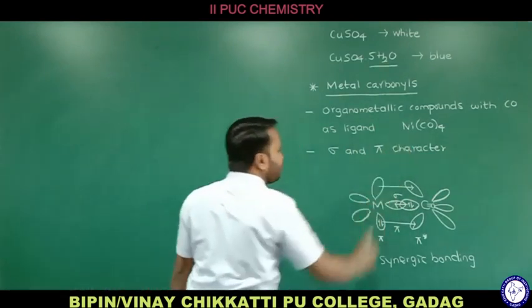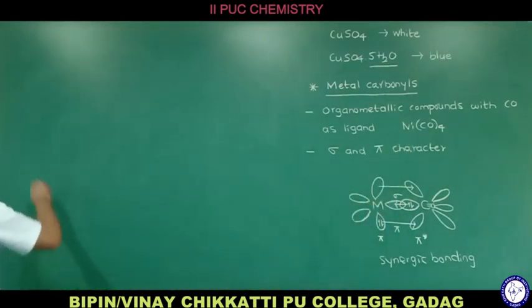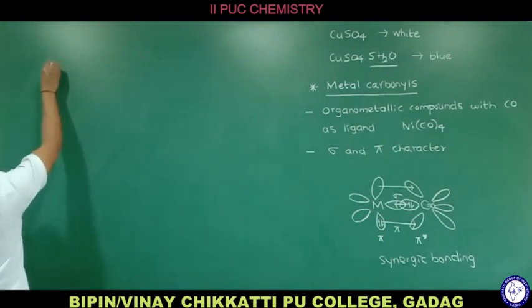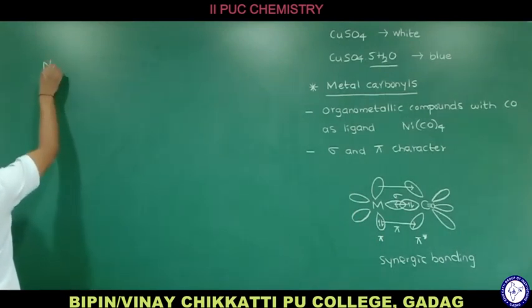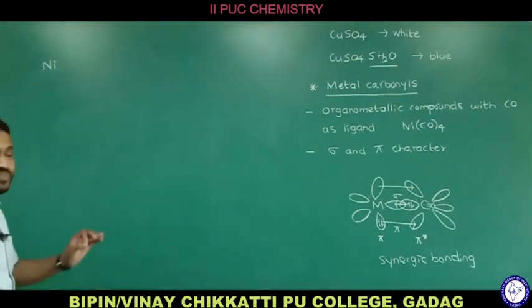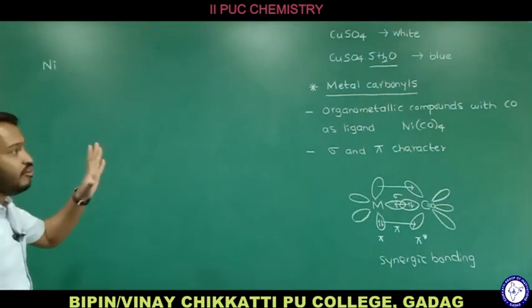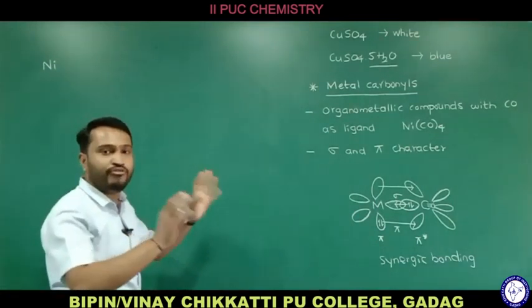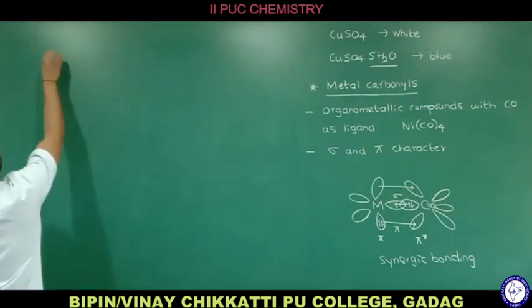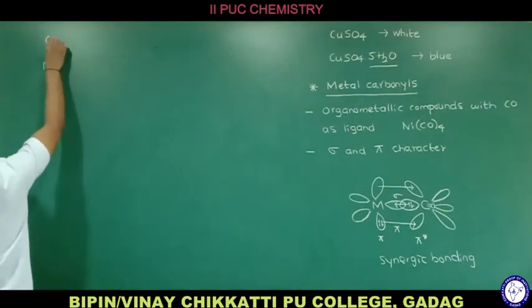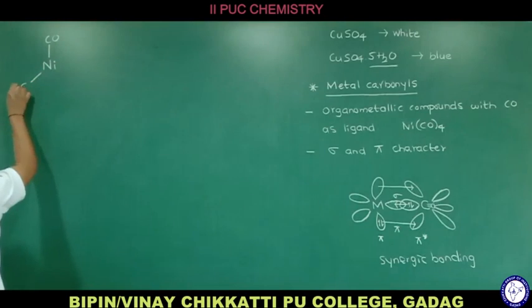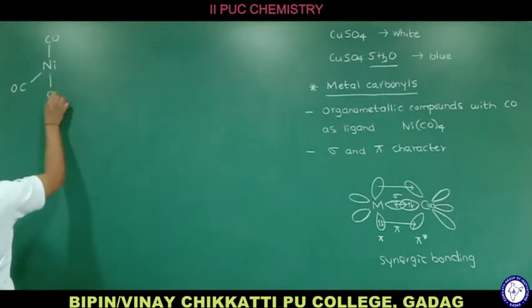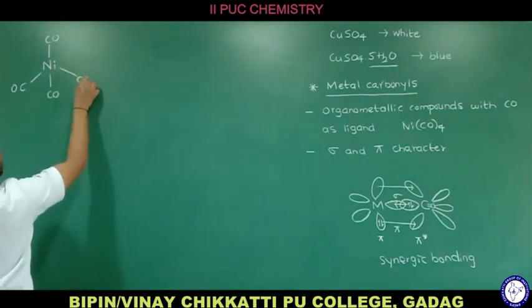One simple example I have written is tetracarbonyl nickel. We'll see how the structure of tetracarbonyl nickel is. Nickel is the central metal atom surrounded by ligands, and the coordination number is 4. Therefore the carbon monoxide or carbonyl groups are situated at the four corners of the tetrahedron.